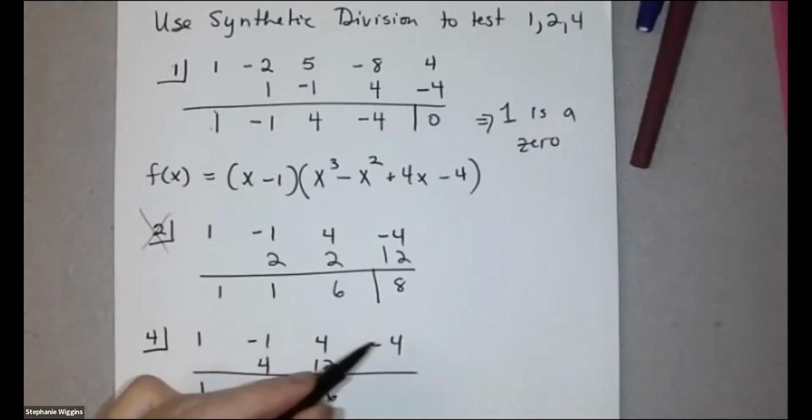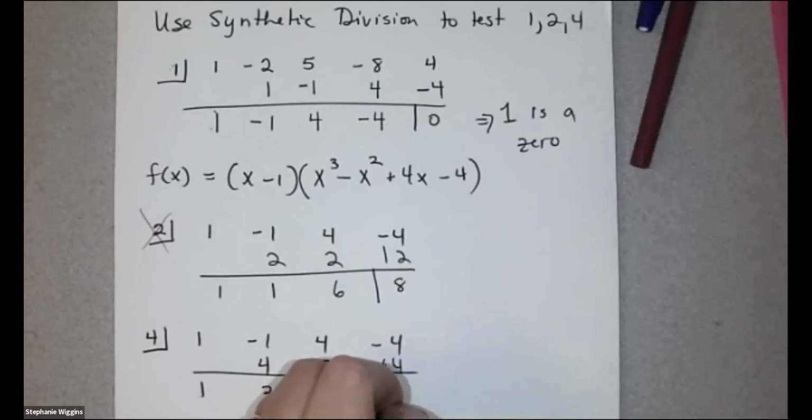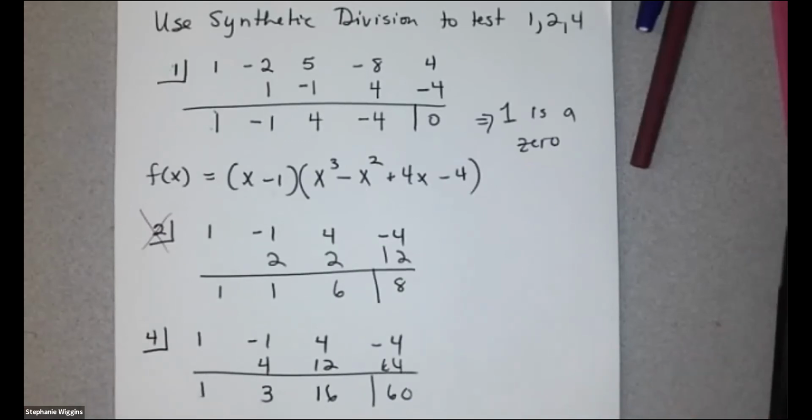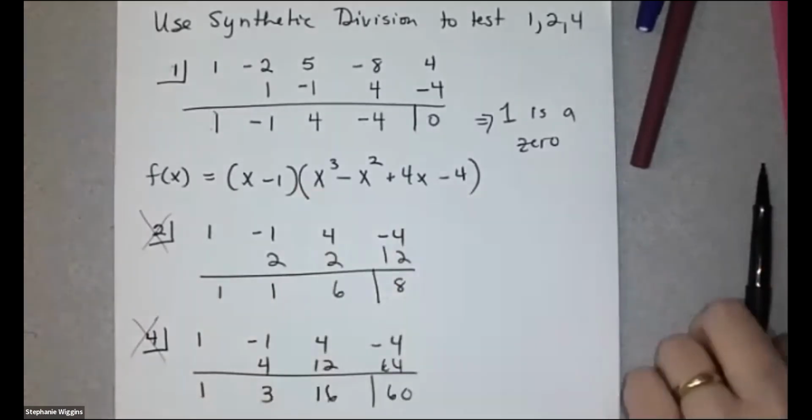Let's see. 1, 3, 12, 16. 4 times 16 is 64. So the remainder is anything but 0. Exactly. So that's out, right? Because we want it to be an exact factor.